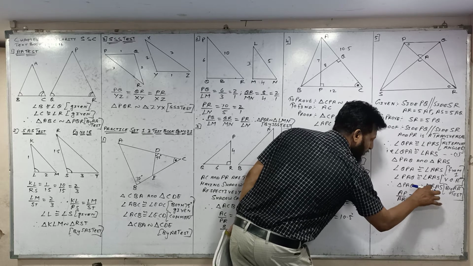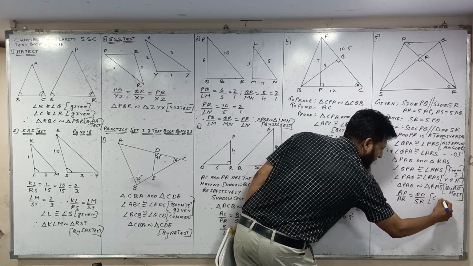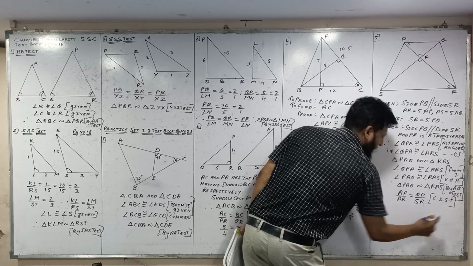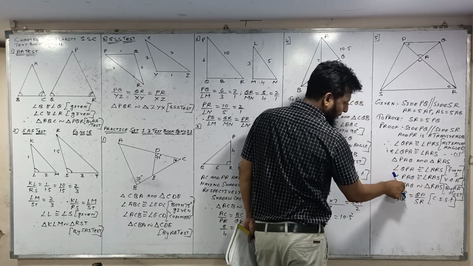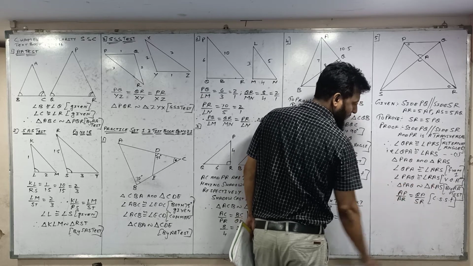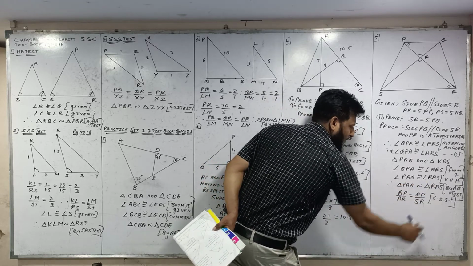QP is proportional to SR, corresponding sides of similar triangles.